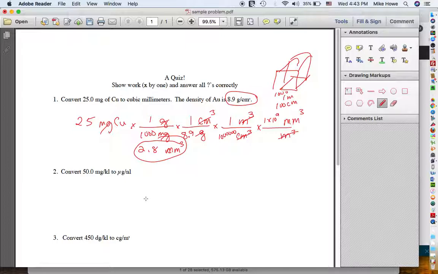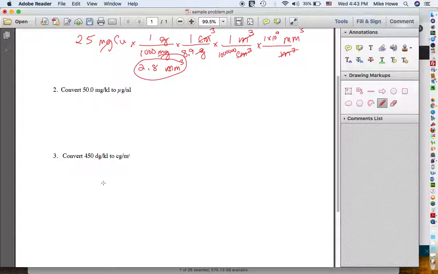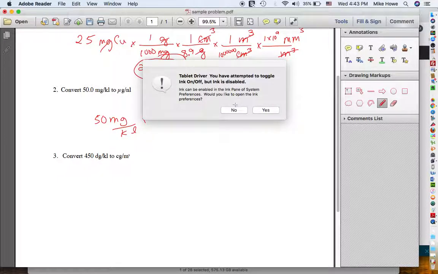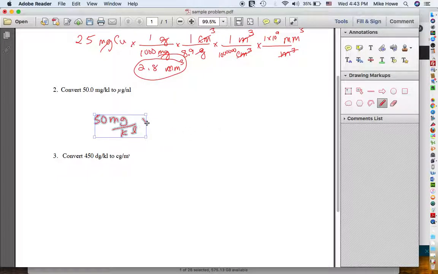All right, second example. You've got 50 milligrams per kiloliter. Okay, we want to get rid of milligrams.